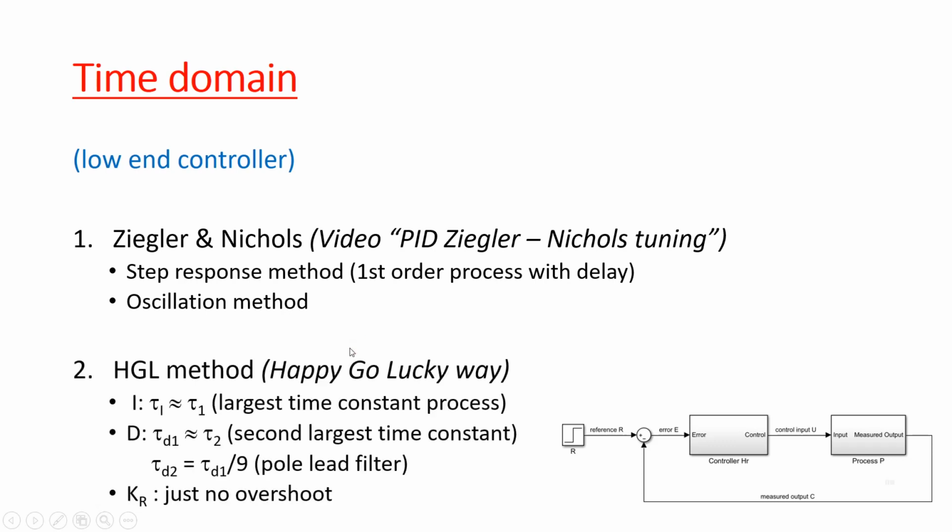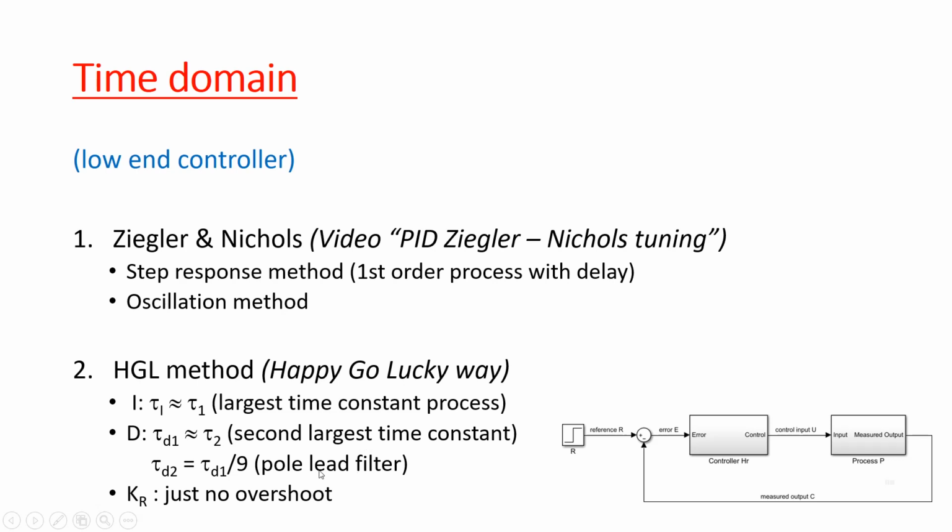well, then you have a so-called happy-go-lucky tuning method. And then you could say, well, when I have an integral controller, I put the time constant of my integrator on the largest time constant or near the largest time constant of my process. I define the time constant of my derivative action, so my D controller, in the neighborhood of the second largest time constant.